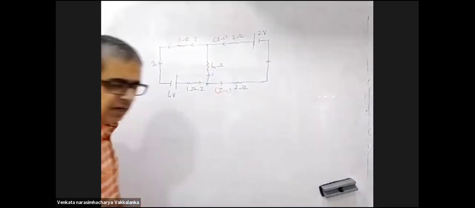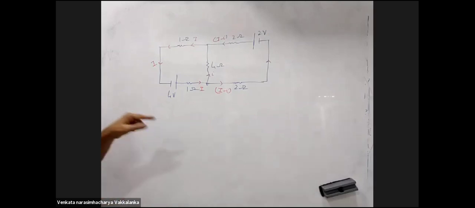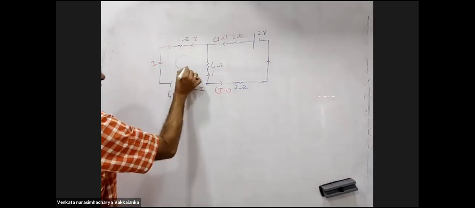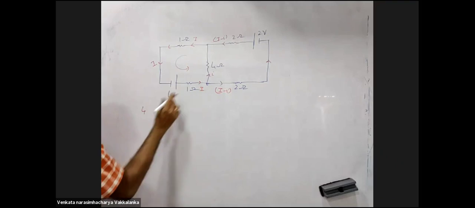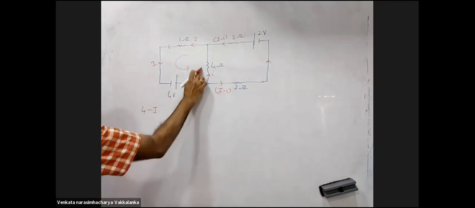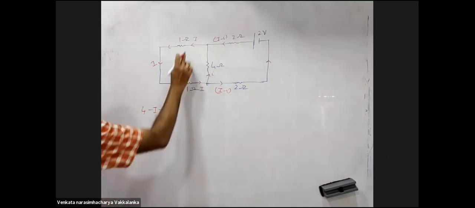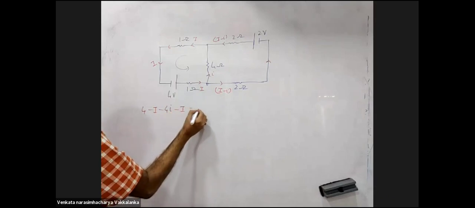KVL in this loop, I get the answer, but yet I'll apply, have a look at it. I'll go in anti-clockwise direction. 4 minus I into 1 minus 4I minus I is 0.